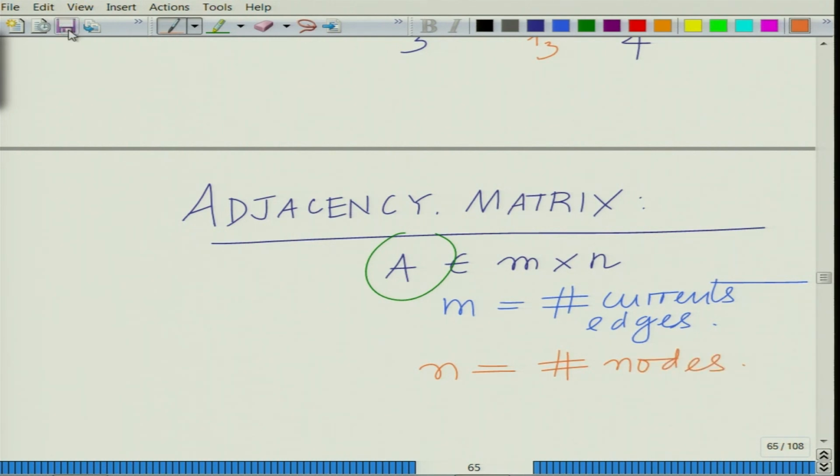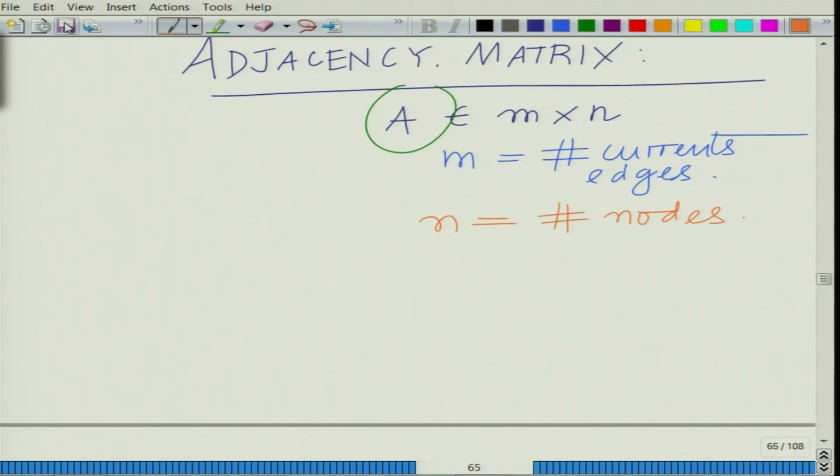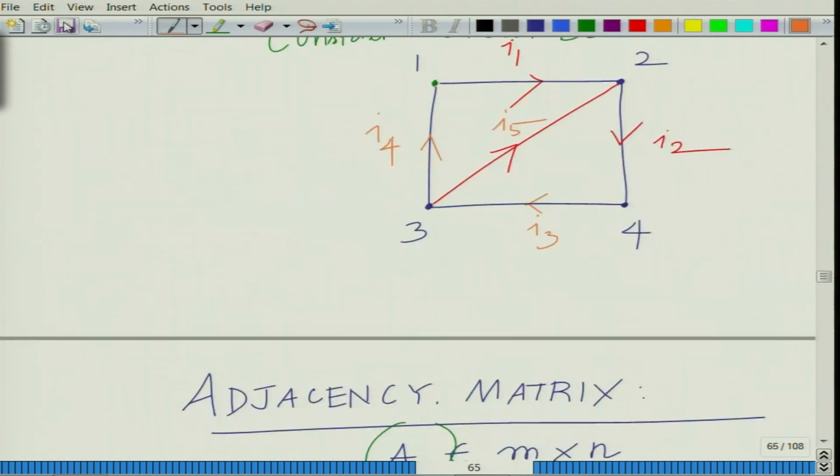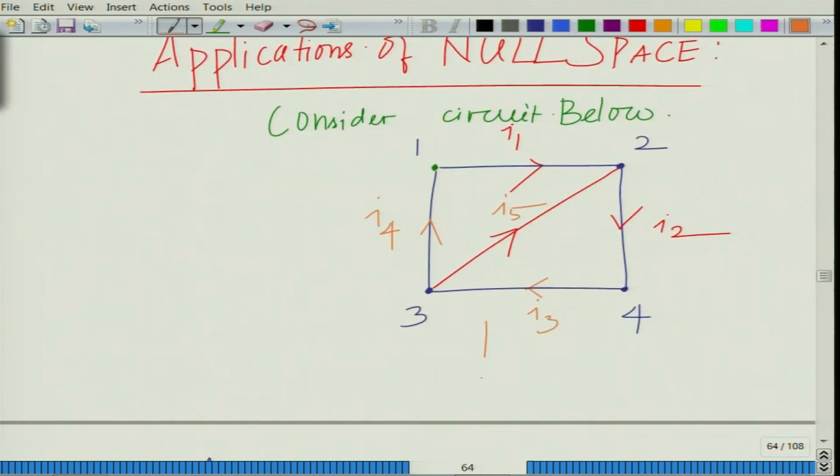Therefore, in this graph we have 5 edges, which means m equal to 5 and n equal to 4 nodes. So, A is of size 5 cross 4.